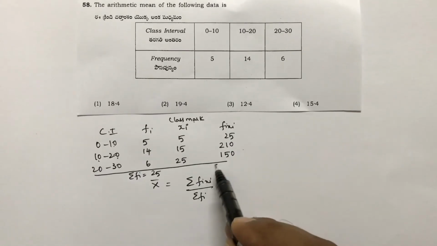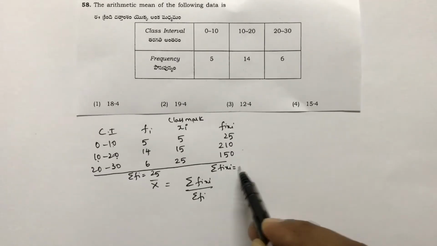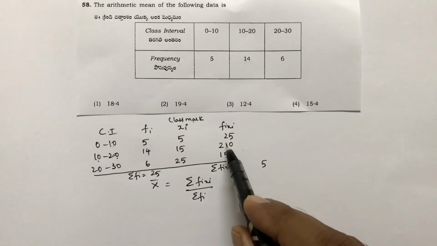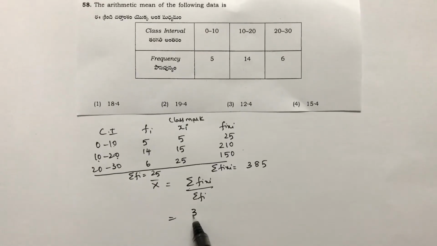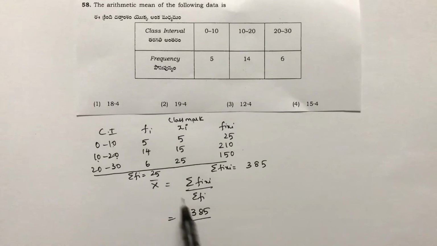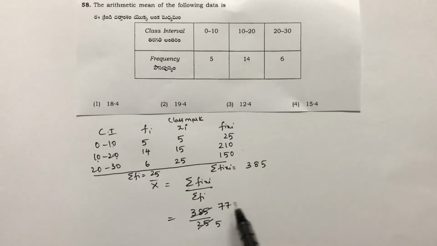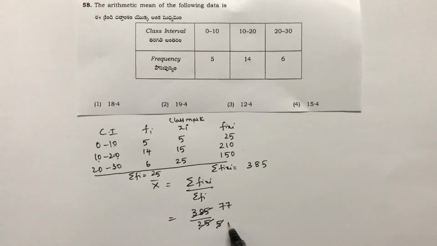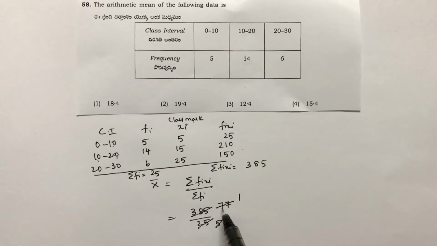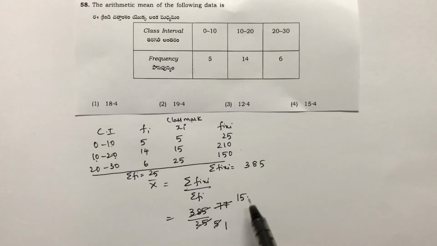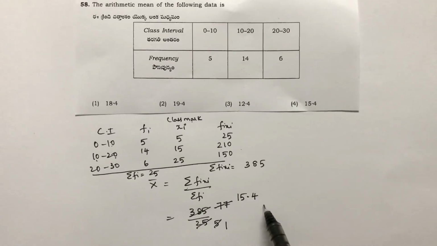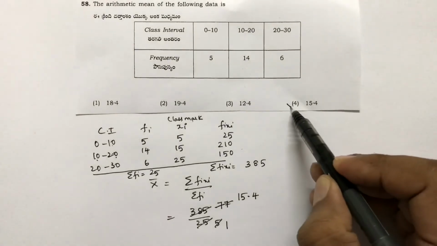If you add, sigma fi xi is 385. So sigma fi xi is 385 and sigma fi, the total frequency, is 25. Dividing by 5, 385 by 25 becomes 77 by 5. 5 times 15 is 75, 2 is left, so 15.4. So the correct option is 4.